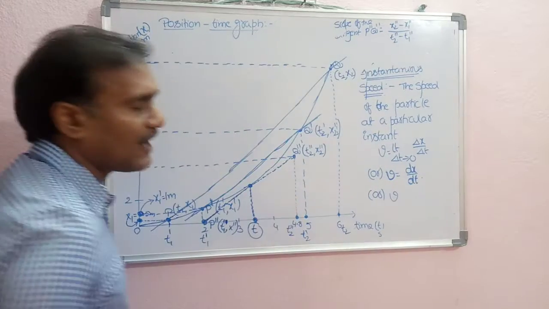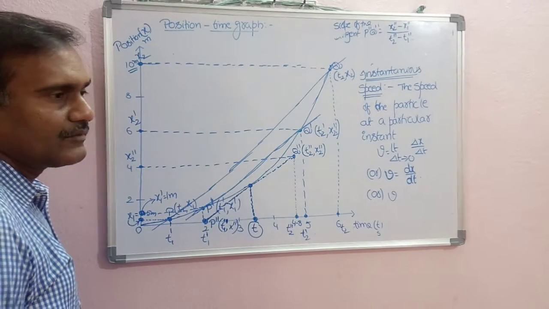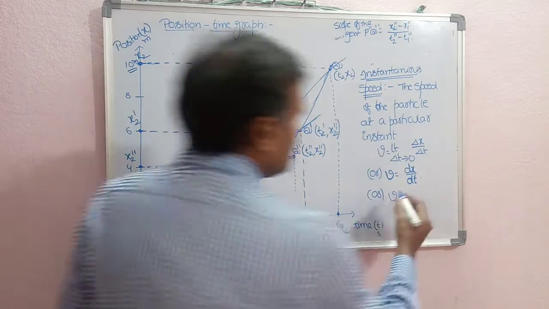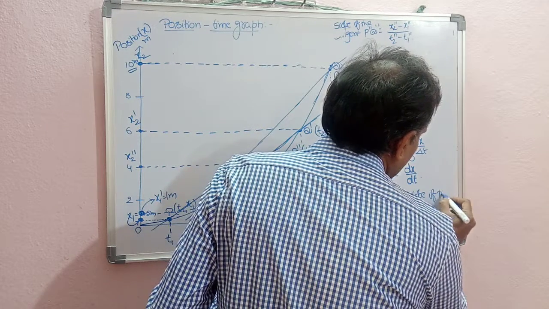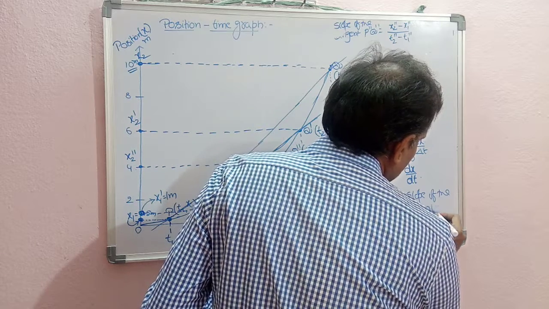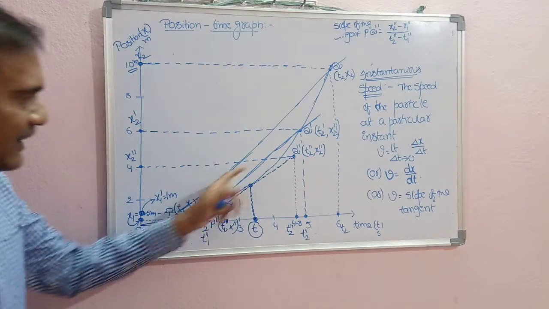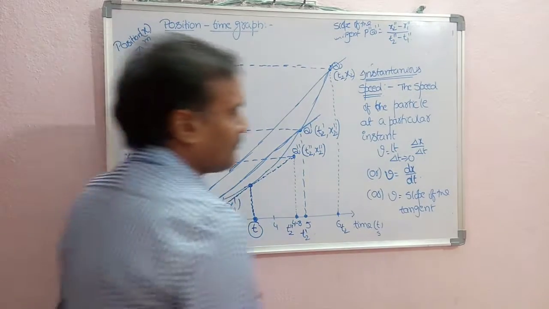Okay, v is equal to dx by dt, or with the help of the graph, how do we calculate the instantaneous speed? Slope of the tangent drawn to the given curve at a particular instant of time.